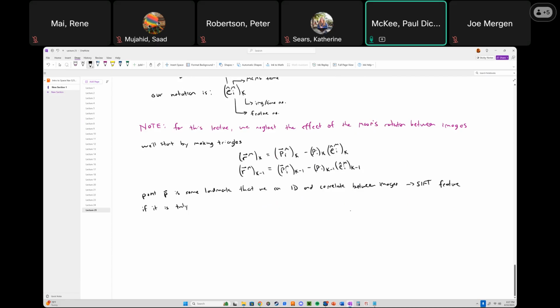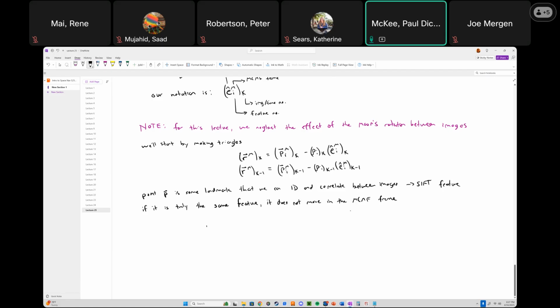If it is truly the same feature, it does not move in the MCMF frame. And that's really the beauty of this.